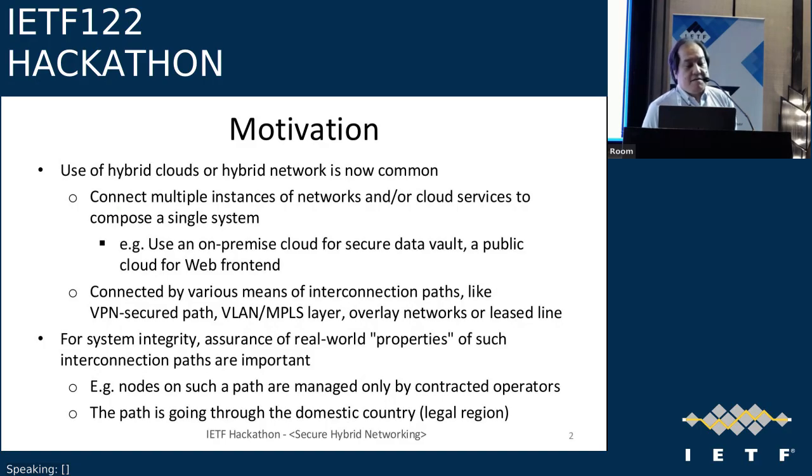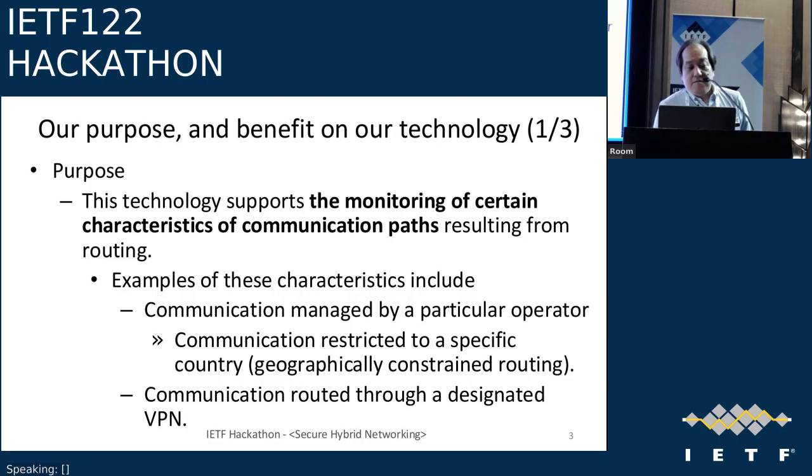For system integrity, assurance of the real-world properties of such interconnection paths is very important, like nodes on such paths being managed only by their contracted operators. So we are developing a technology which supports the monitoring of certain characteristics of communication paths resulting from routing.